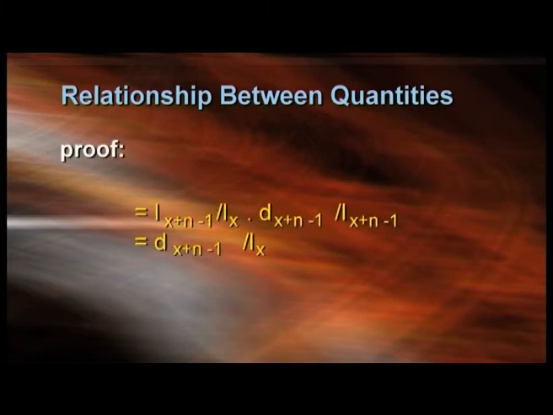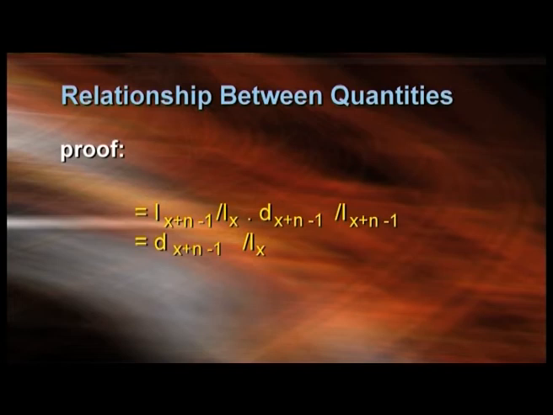Proof. n Q of x is equal to the probability that a person aged x dies in the nth year after attaining that age, which is equal to the probability that a person aged x survives till age x plus n minus 1 but dies in the age period x plus n minus 1 to x plus n, which is equal to the probability that a person aged x survives n minus 1 years into the probability that a person aged x plus n minus 1 dies within 1 year.